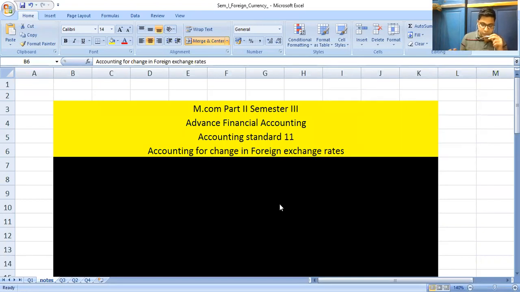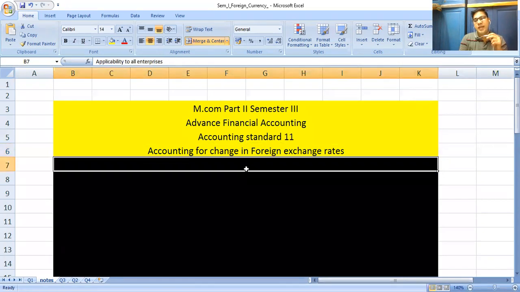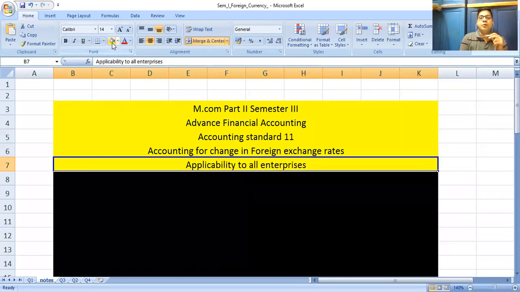This particular accounting standard, Accounting Standard 11, is accounting for change in foreign exchange rates. It is applicable in India and applicable to all enterprises and companies that are running their business in our country and are registered under the Indian Companies Act 2013.